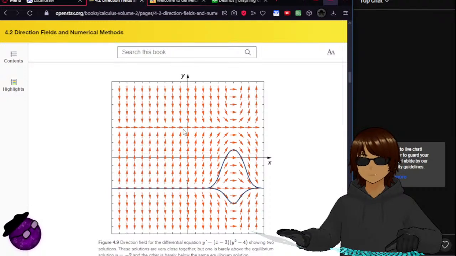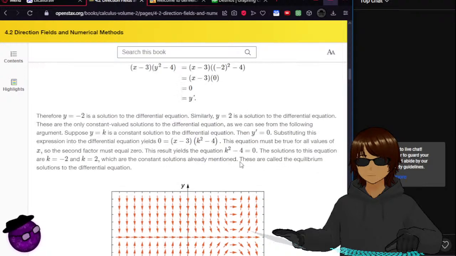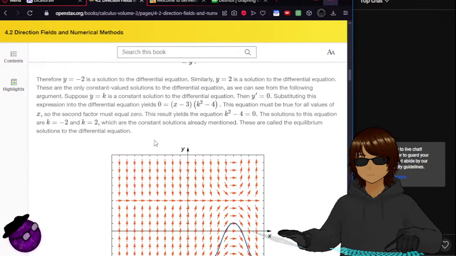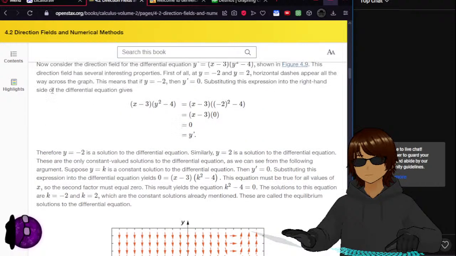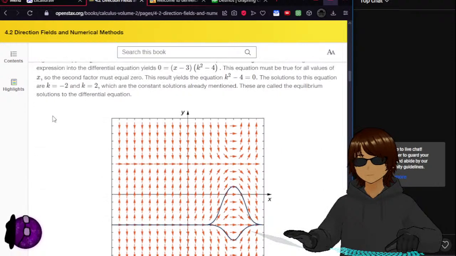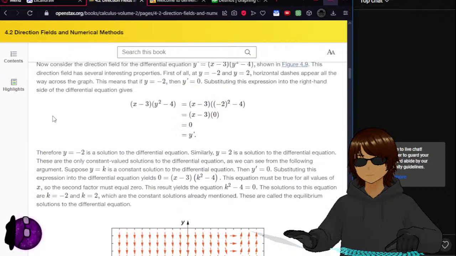This is positive 2 and this is a negative 2. Therefore, y is equal to minus 2 is a solution to the differential equation.